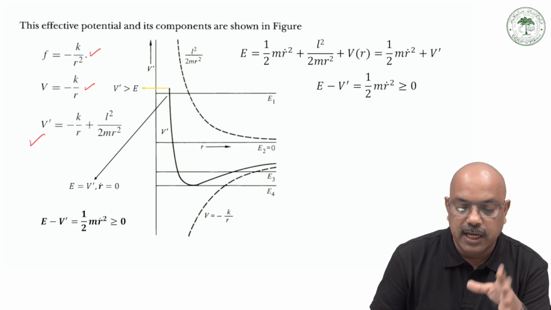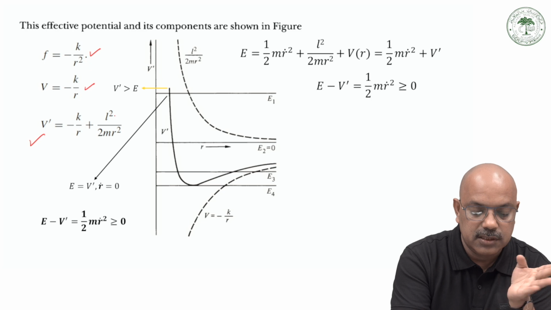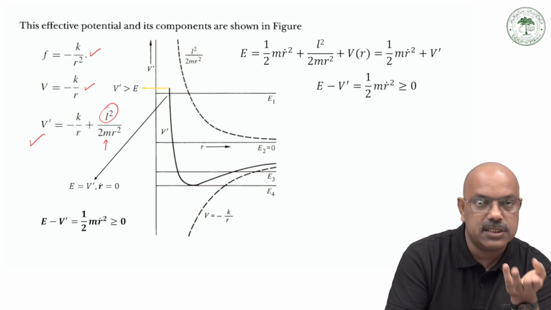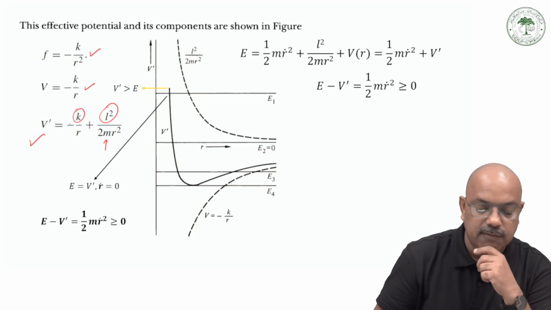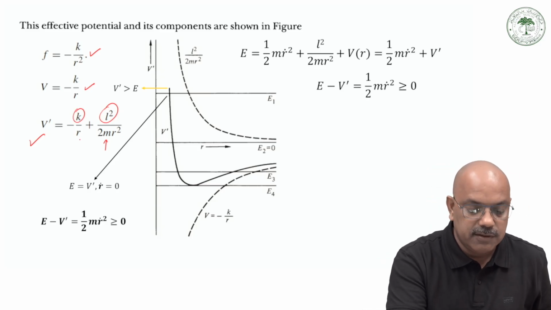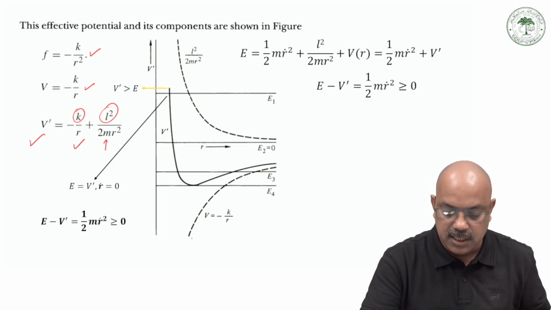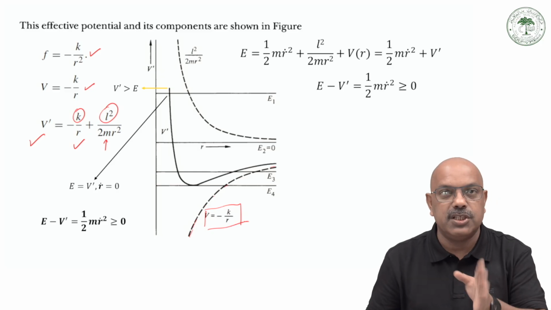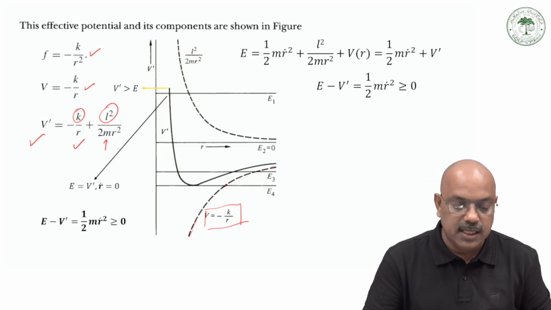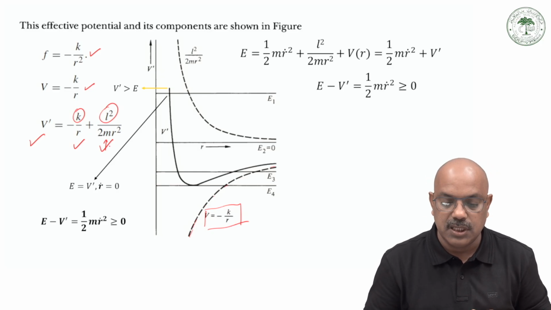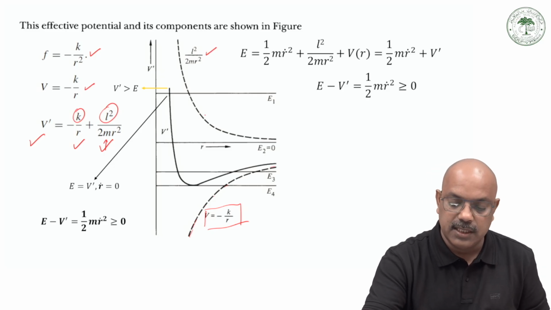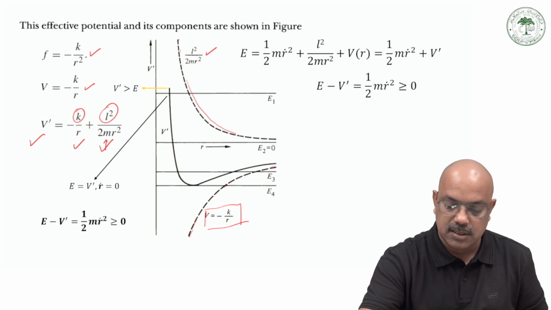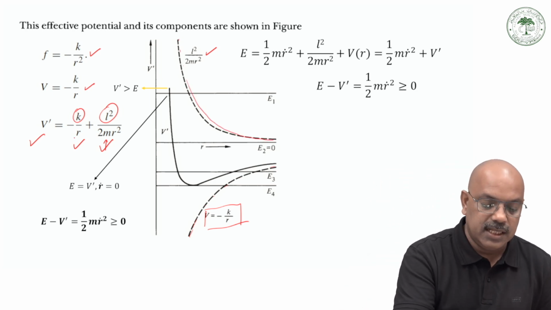So for a particular L value, L could be anything, with m fixed, and particular L, k and m values, I first plot this V prime, that is this line, the real potential minus k by r, and then this centrifugal potential energy, which for particular L values comes out to be like this.